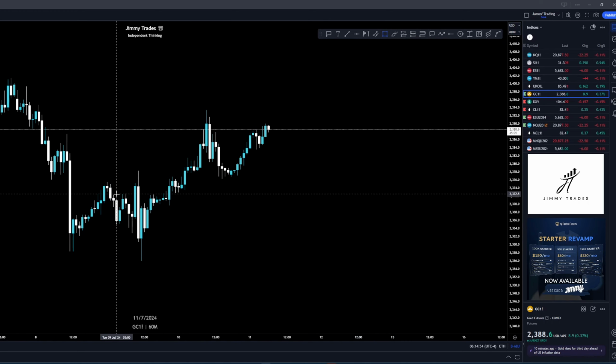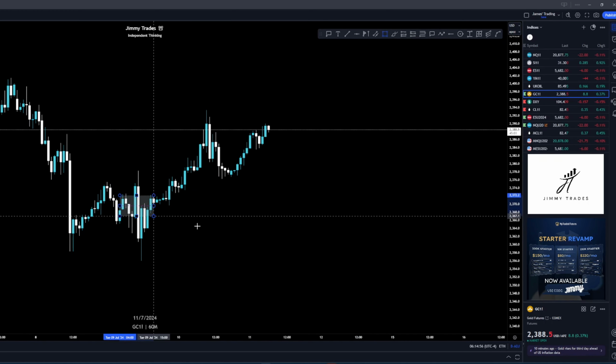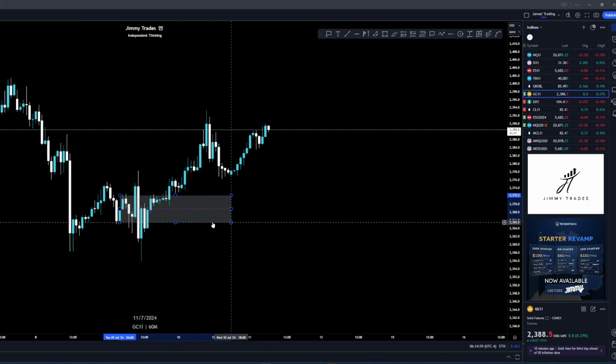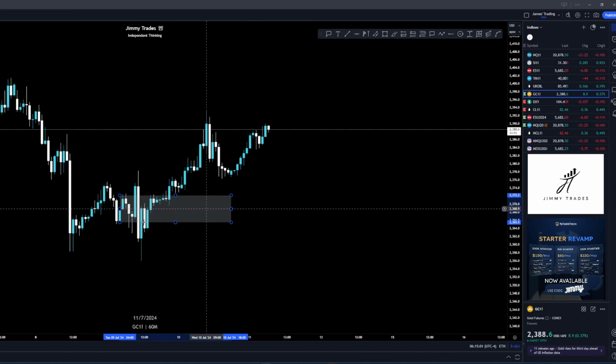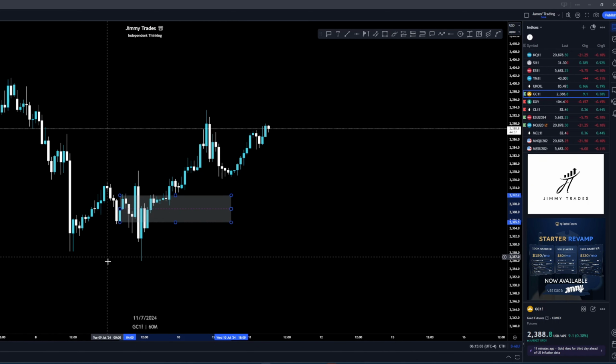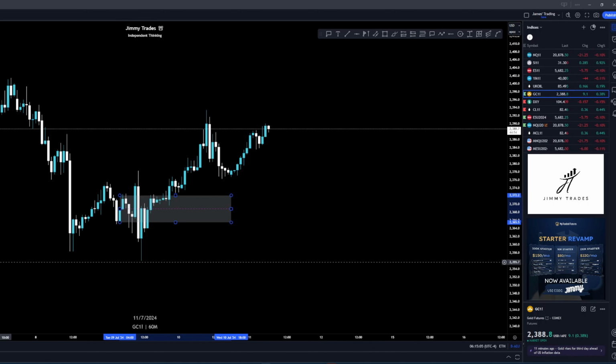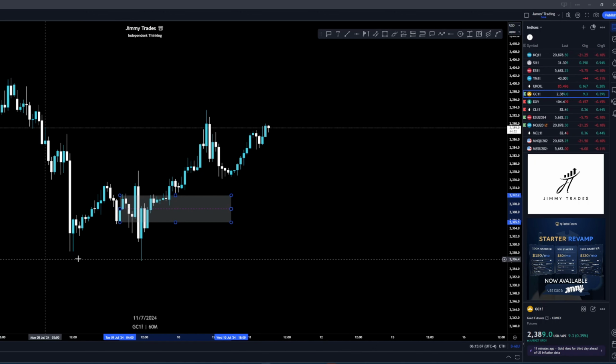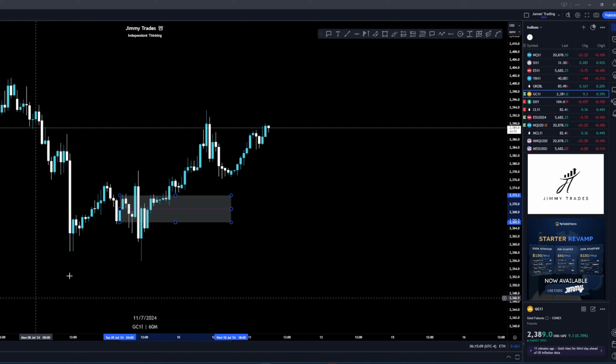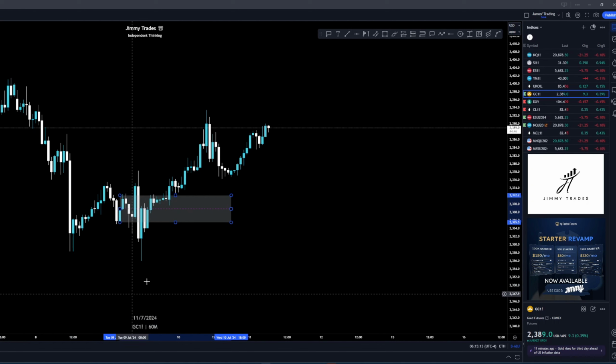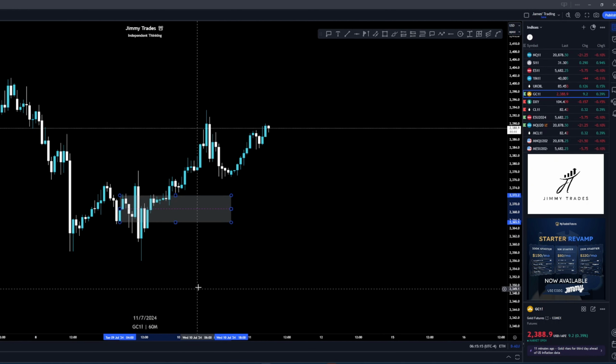You can see we had a breaker here. That's our equal lows with the daily FVG below. Sorry, that's the external area below here.